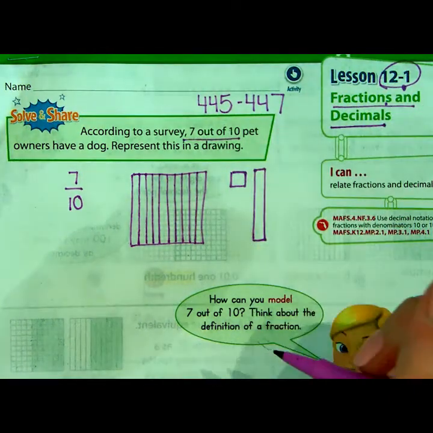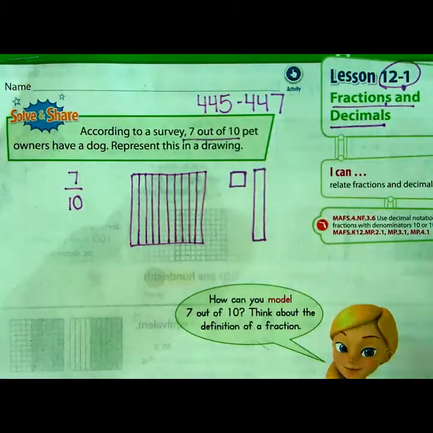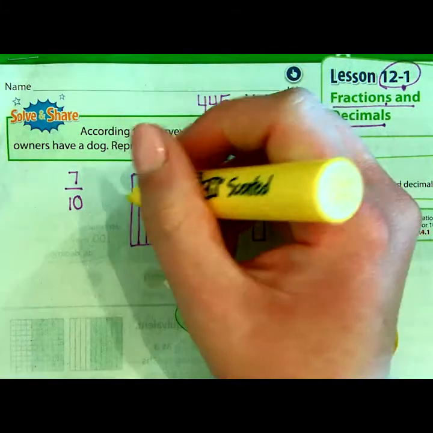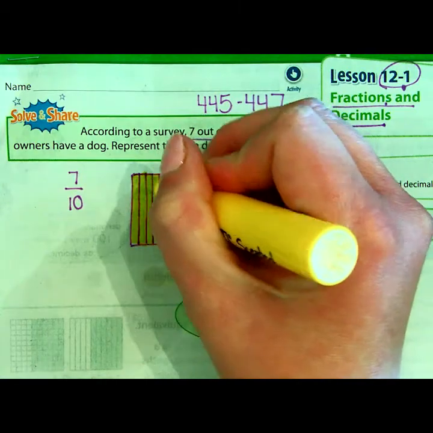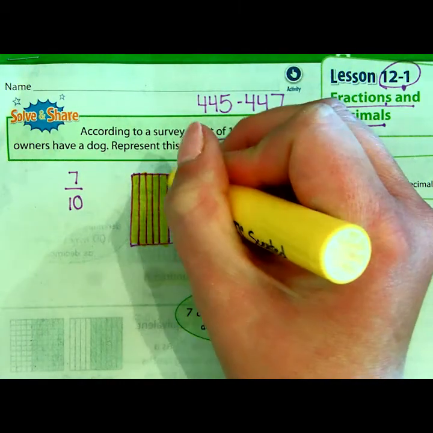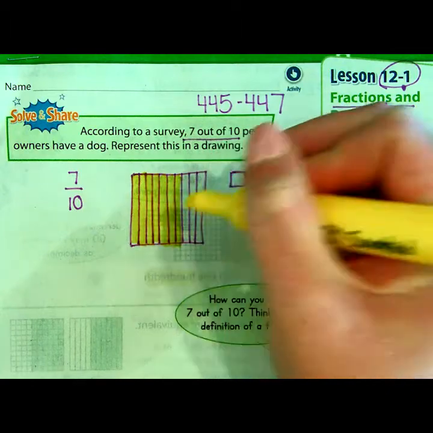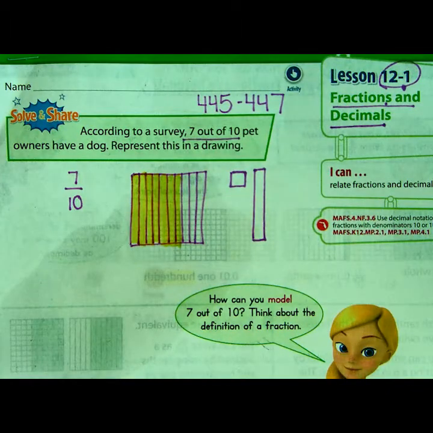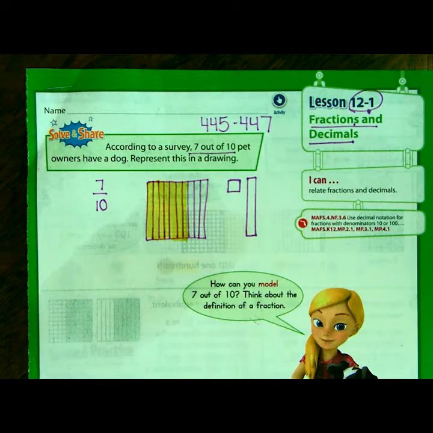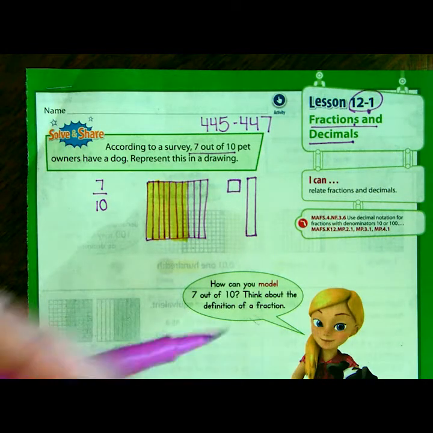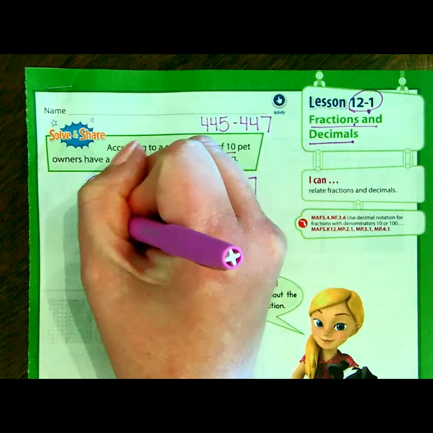And so if I need 7 out of 10 of those, I am then going to shade 7 of these. So 1, 2, 3, 4, 5, 6, and 7. So now I've represented this in a drawing as 7 out of 10. And I've related it to the fraction 7 tenths.